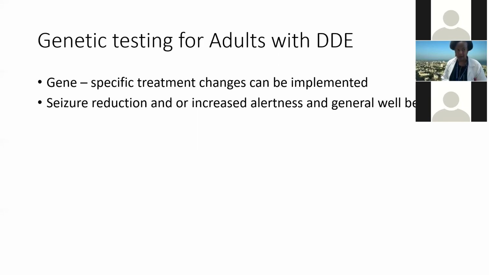Because once we know the gene, we can change the treatment, either by selecting an anti-seizure medication more suitable for better seizure outcome in that patient, or by reducing the number of medications that are not providing the seizure control that the patient needs.